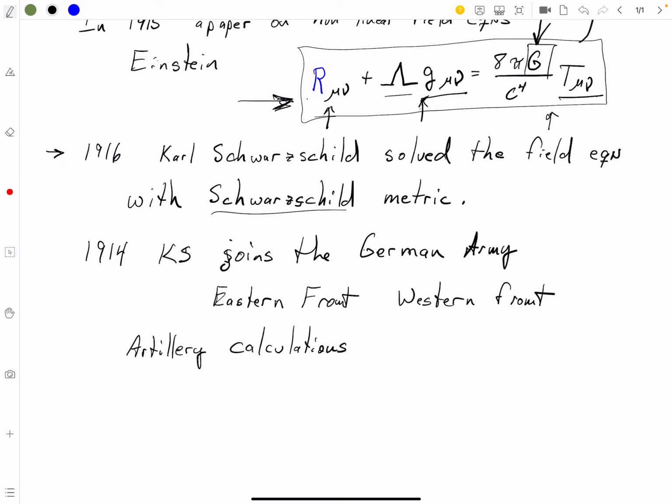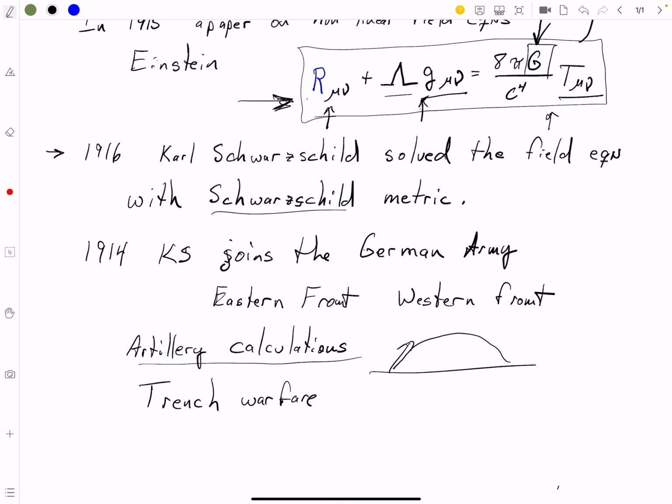They would shell everyone else with the guns, and he would design the trajectories for the shelling, okay, for the cannons. So he knew the parabolic equations and all that stuff that would do that. Fine. He was in trench warfare, all right?